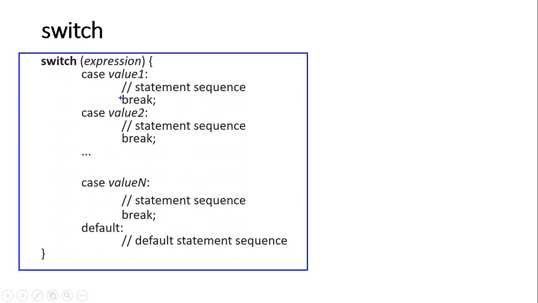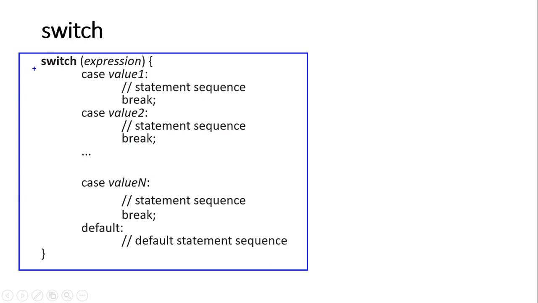Whenever you are asked to write about any statement like switch, if, while, for, or any other type of statement, you are supposed to write the syntax of the particular statement that has been asked, and then explain how it is working.